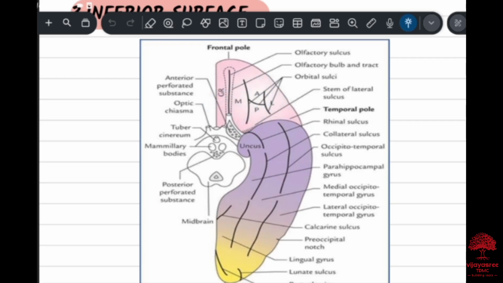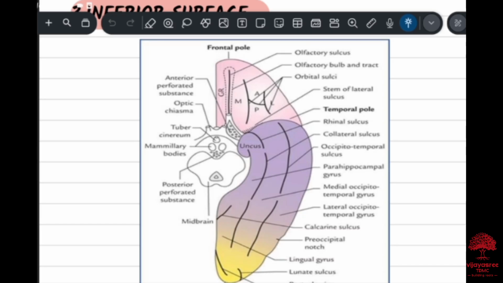Then the important gyri seen here are the gyrus rectus, medial orbital gyrus, lateral orbital gyrus, anterior orbital gyrus and posterior orbital gyrus. The gyrus rectus is a straight gyrus, so that's why it is named gyrus rectus.